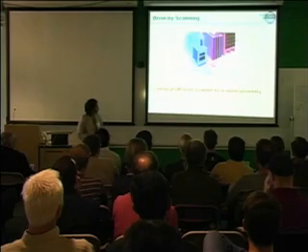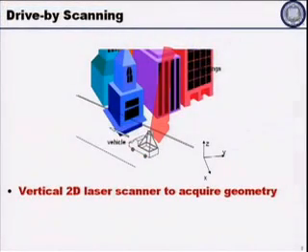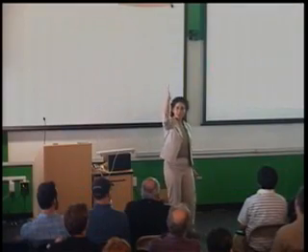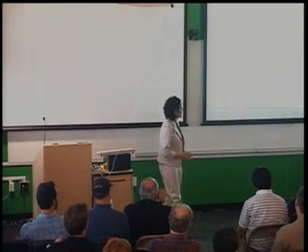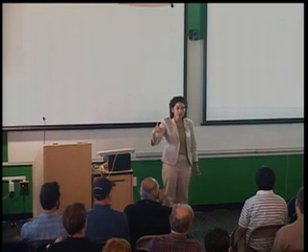So here's the basic system. You have the vertical laser scanner that takes a swipe like this vertically as the truck is driving. And the idea is to stack up these vertical laser scans next to each other in order to build the 3D profile of the facade of the building. But in order to know how far apart you stack these vertical scans, you need to know how much the truck moved. You essentially have to localize your truck.